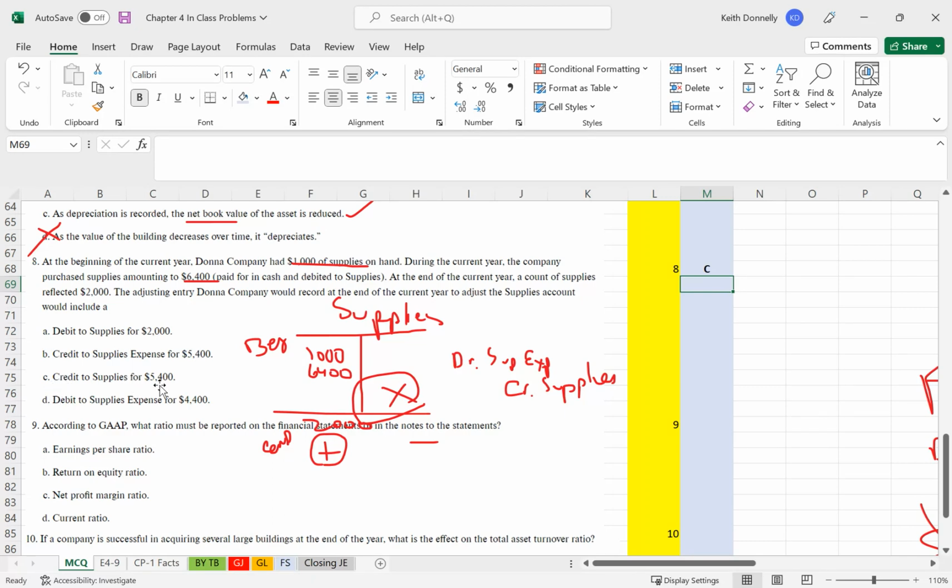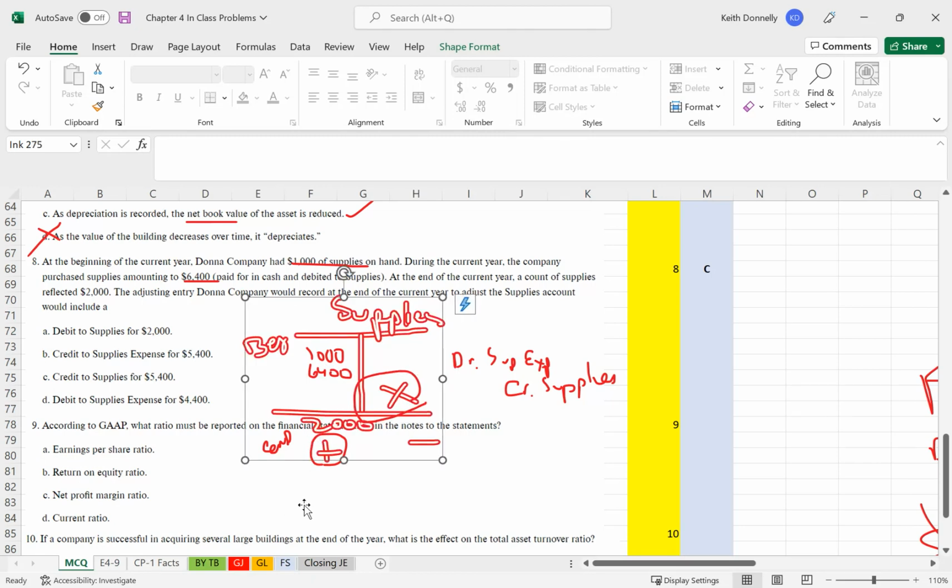It's going to be credit supplies 5,400. So if you did 1,000 plus 6,400 minus 5,400, that gets you 2,000. You could write it out in algebraic form. You just put x on the one side, move it over, solve for x. There you go.